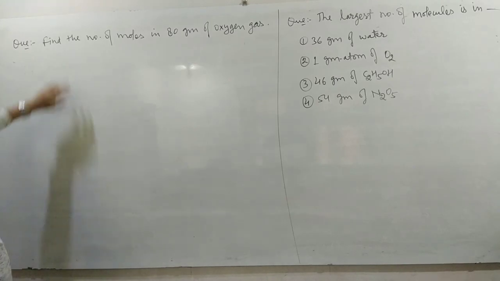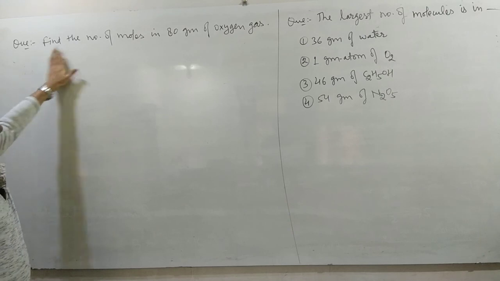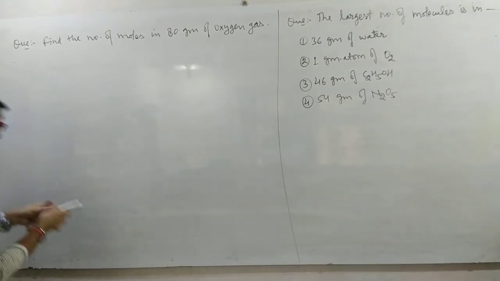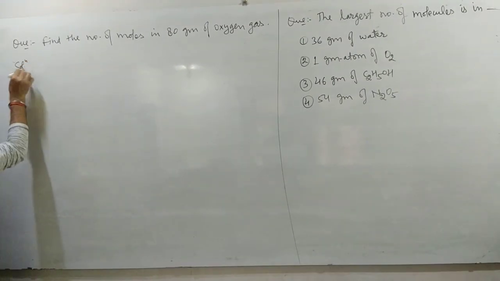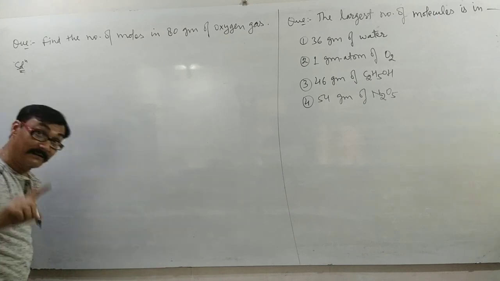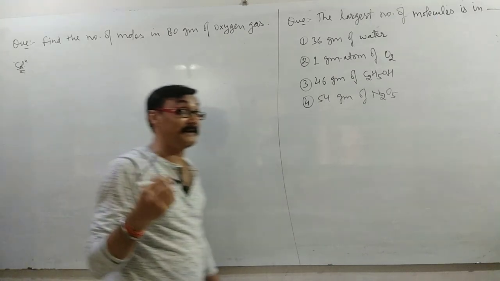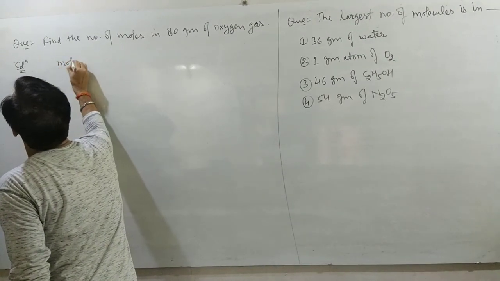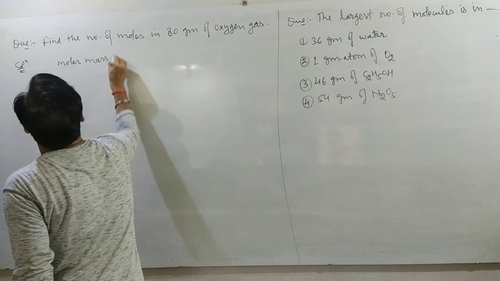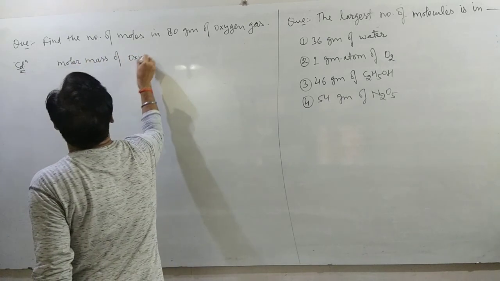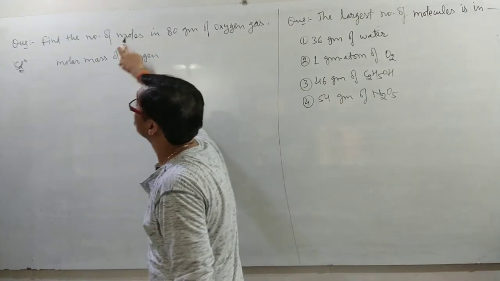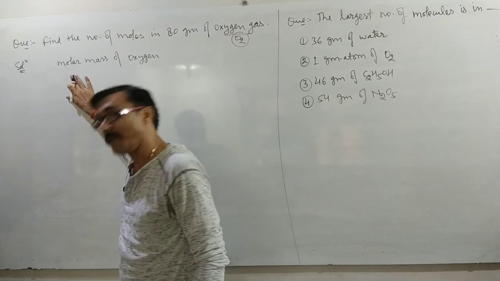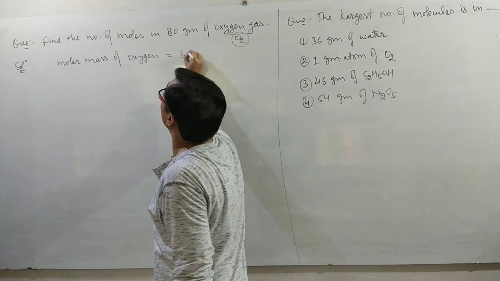And now guys, the question. Find the number of moles in 80 gram of oxygen gas. Solution. By unitary method, as we have studied in class 5th or 6th, we know that molar mass of oxygen, in case of molecules, oxygen gas, that is molecule, so it is gram molecular mass of oxygen is 32 gram.